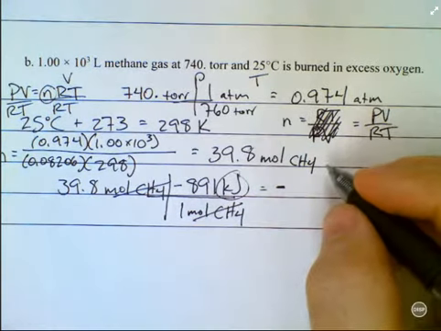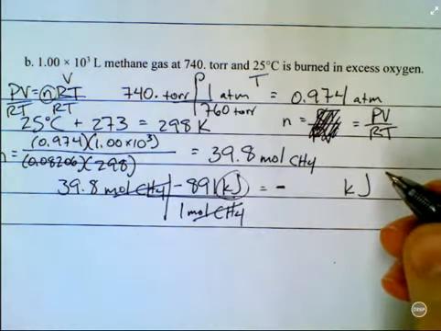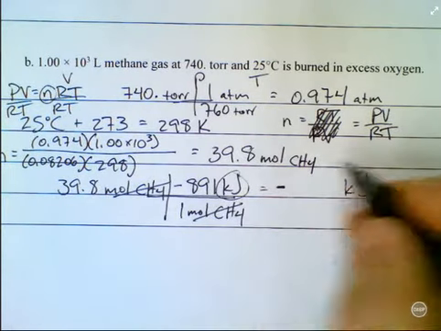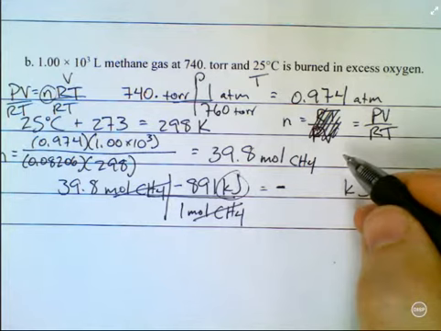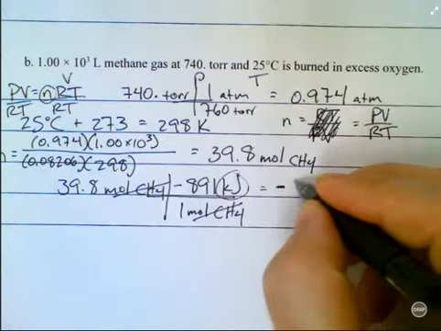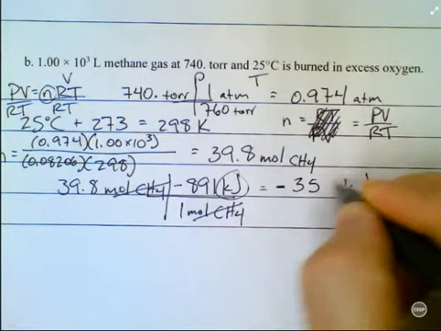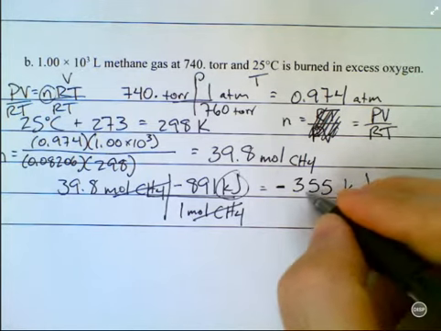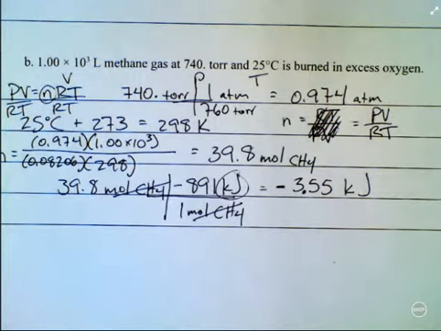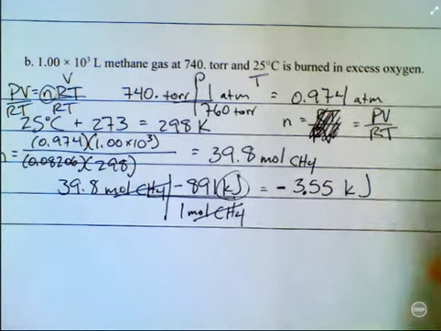I'll end up with, let's see, I'm in kilojoules. So let's see, I got negative 35,461 joules. I'm going to turn that into kilojoules. Nope, that's not right.